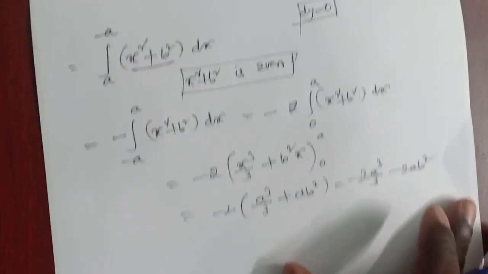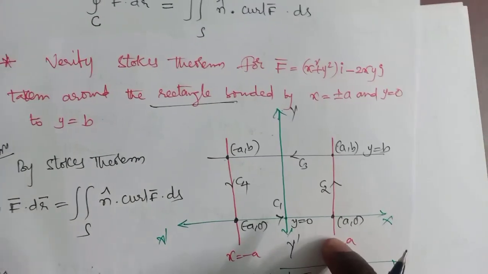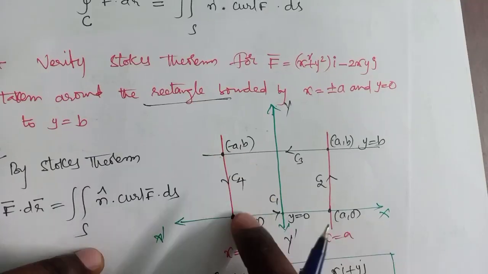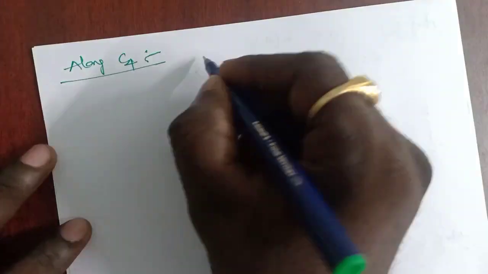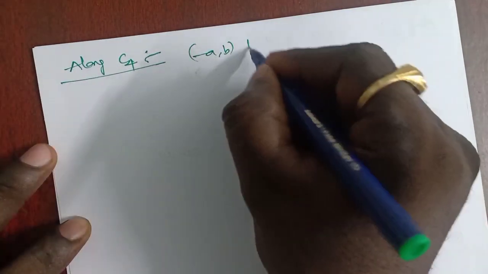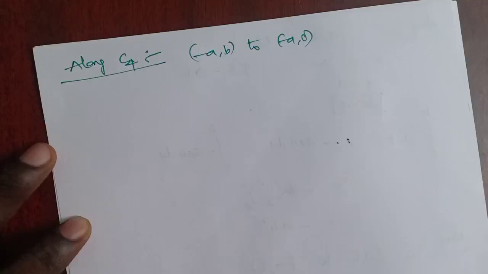Okay, now along C4. So what about the C4? Minus AB to minus A0.